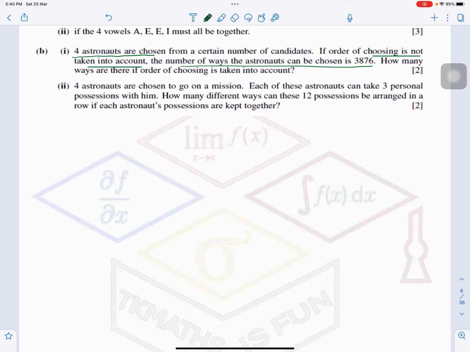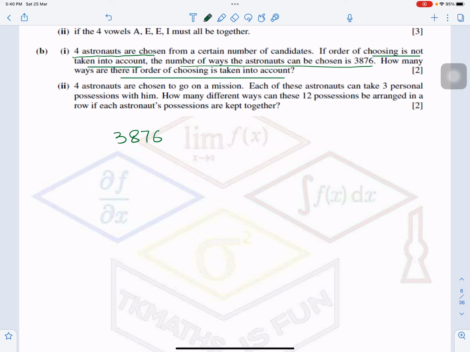The question is asking how many ways there are if the order of choosing is taken into account. When not considering order, the number of ways is 3,876. But when considering order, how many?